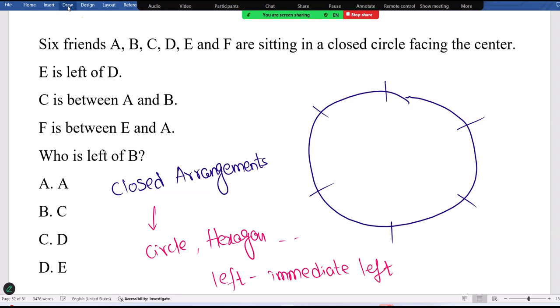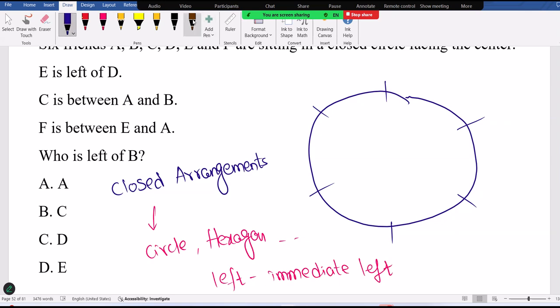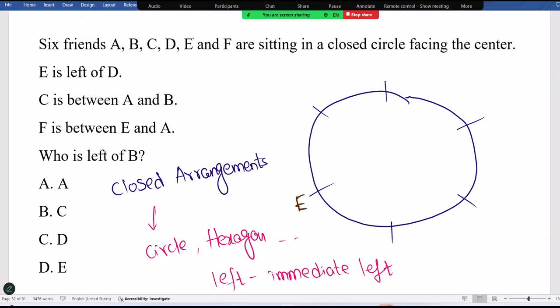Here they gave E is left of D. So take E as immediate left of D.